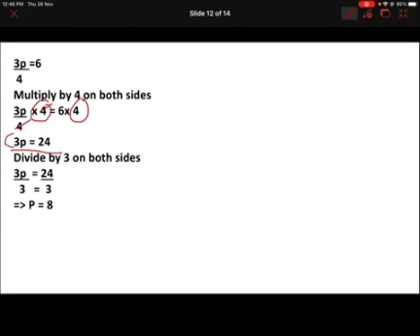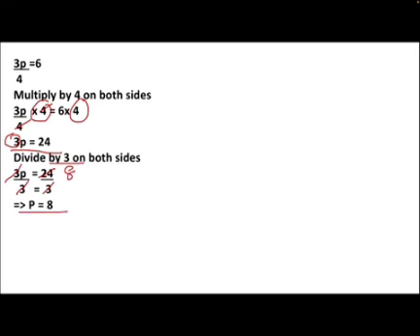So you have to get rid of this 3 also, which is multiplied to p, and make p independent, is it not? Again, I have divided by 3 on both the sides. So 3 and 3 gets cancelled. 3 ones, 3 eights. So p equals 8.